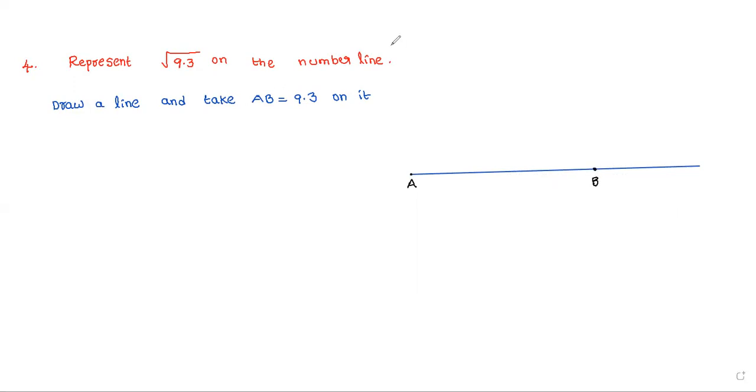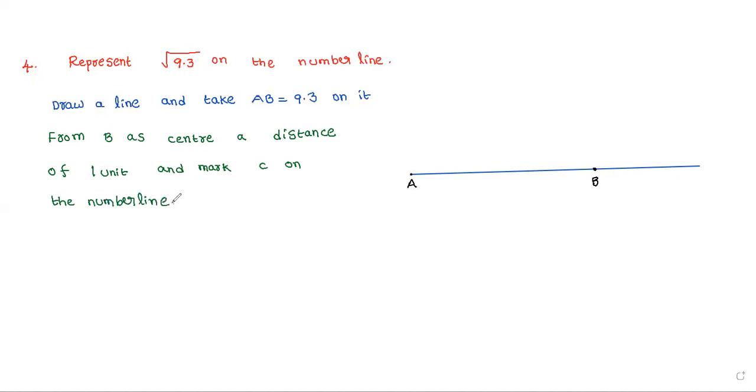Next, from B as center, at a distance of 1 unit, mark C on the number line.